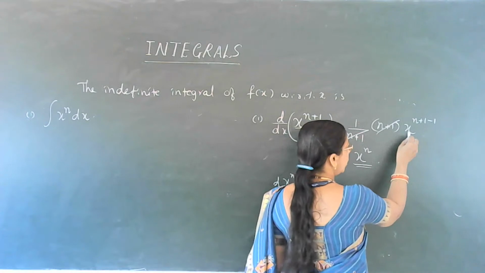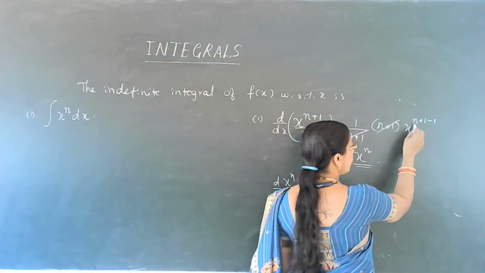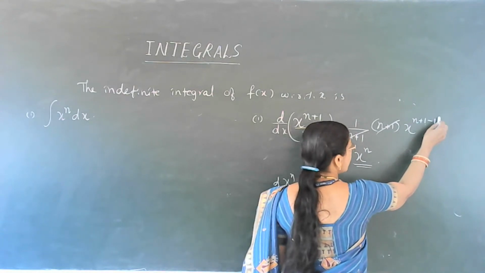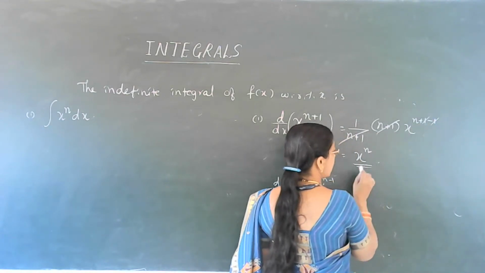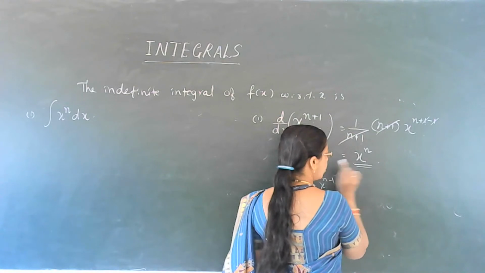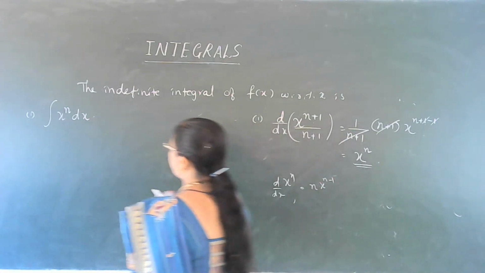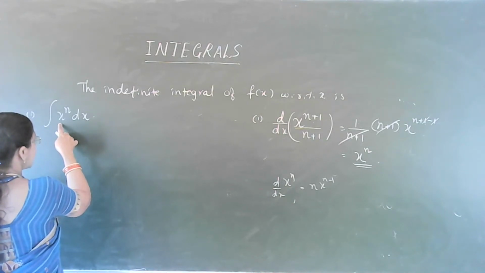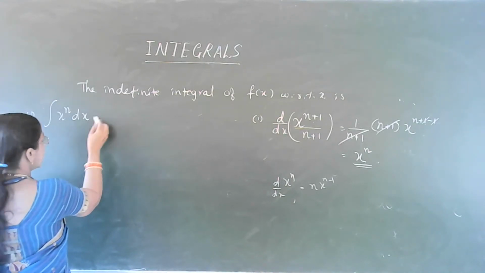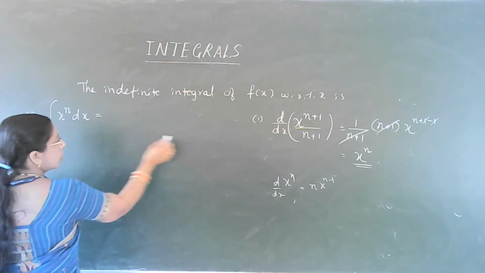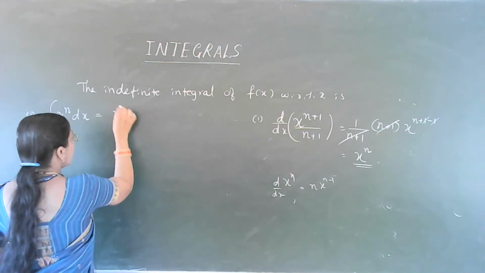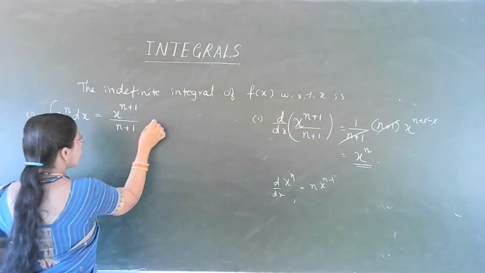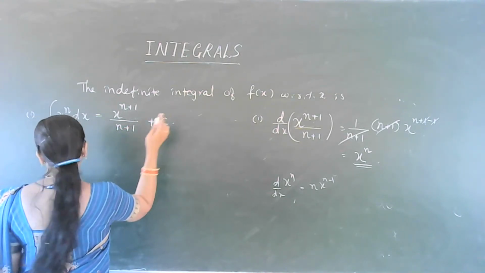Then n plus 1 into x to the power n plus 1 minus 1, the n plus 1 gets cancelled. We write x to the power n. Therefore, integration of x to the power n dx is equal to x to the power n plus 1 divided by n plus 1 plus c.